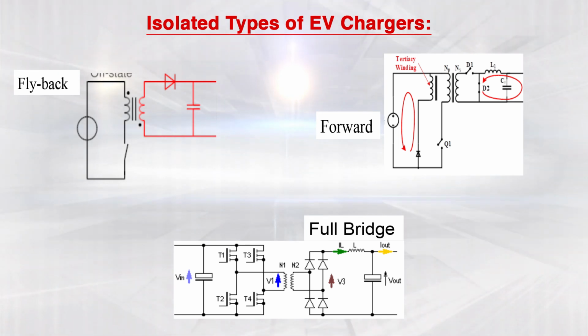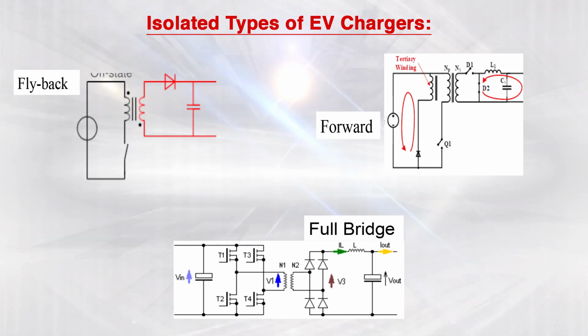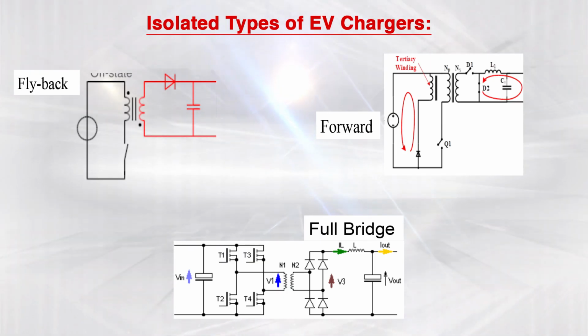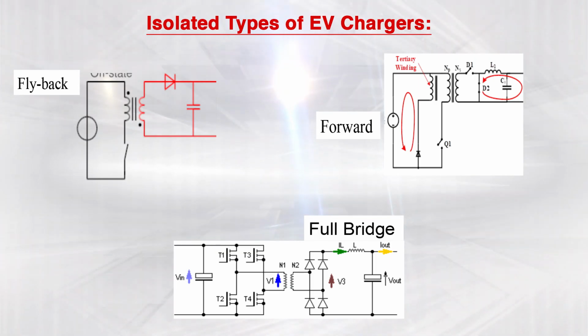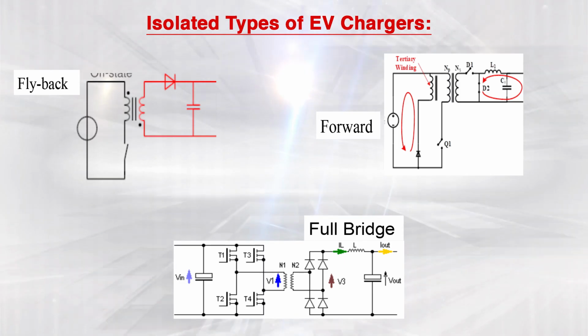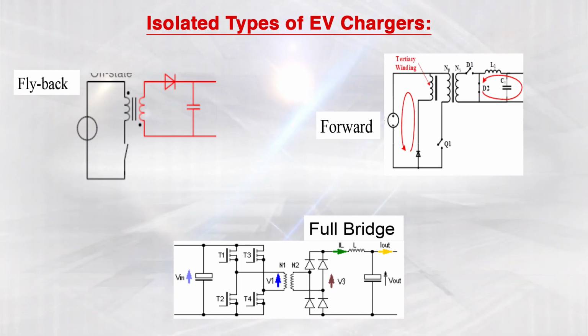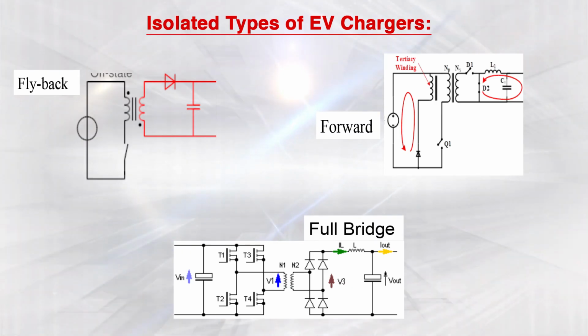One is the flyback, and the application of the flyback is for low power. It is widely used in SMPS, switch mode power supplies, computer power supplies, laptop power supplies. This flyback converter is very famous. It is a simple isolated converter using one switch and one transformer.